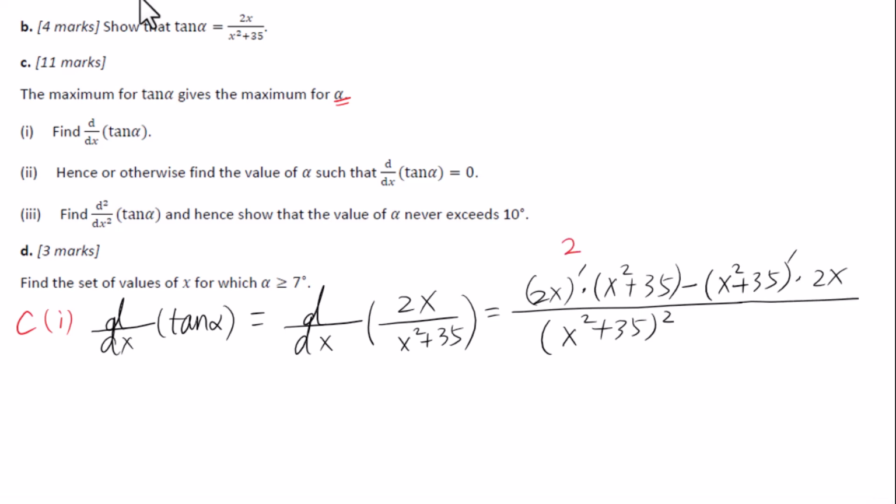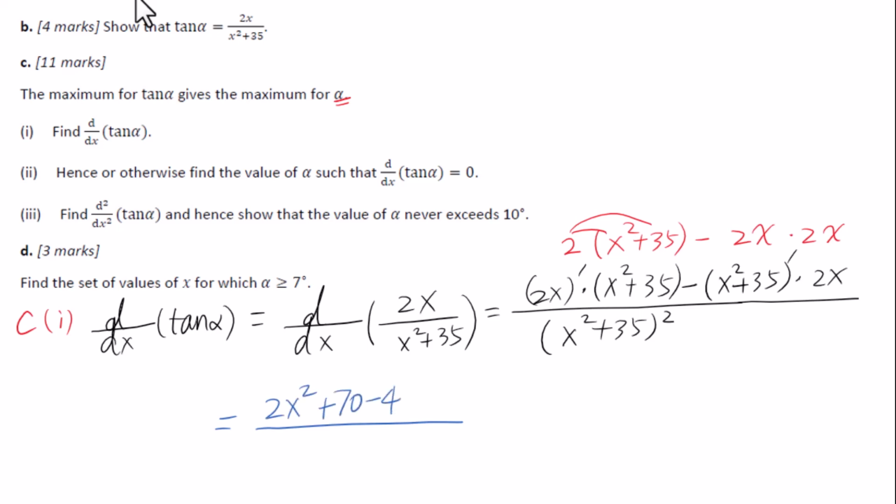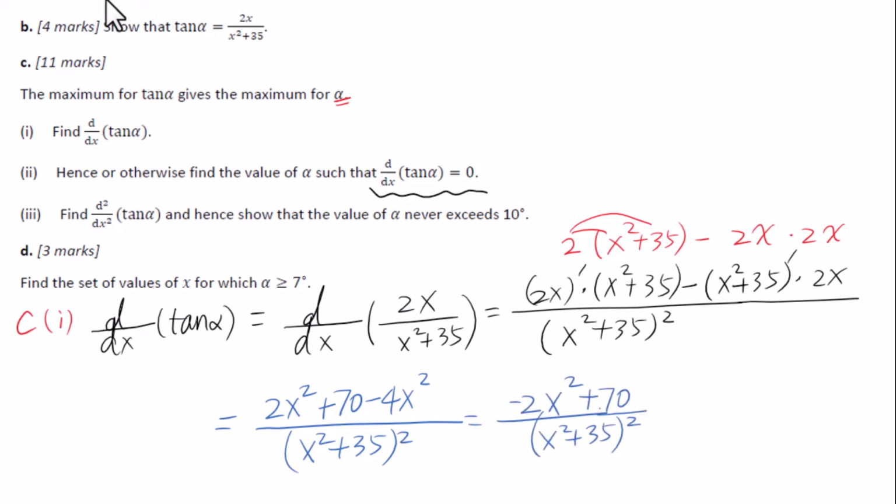2x prime equals 2, times x squared plus 35, minus 2x times 2x. Simplify. 2x squared plus 70 minus 4x squared over x squared plus 35 squared. Simplify, we will get negative 2x squared plus 70 over x squared plus 35 squared.